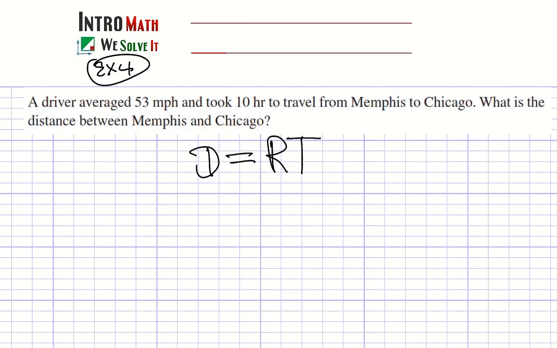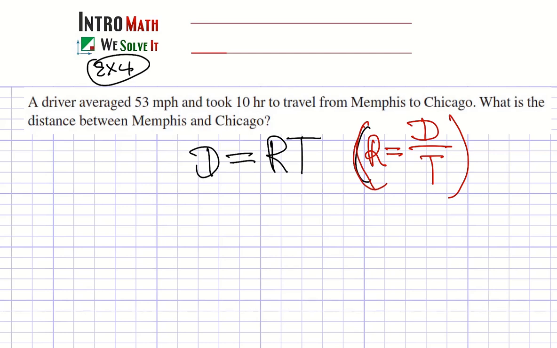Sometimes you see the same thing as rate equals distance traveled over time, okay? Alright, but it's the same thing. They just switch things around, okay?